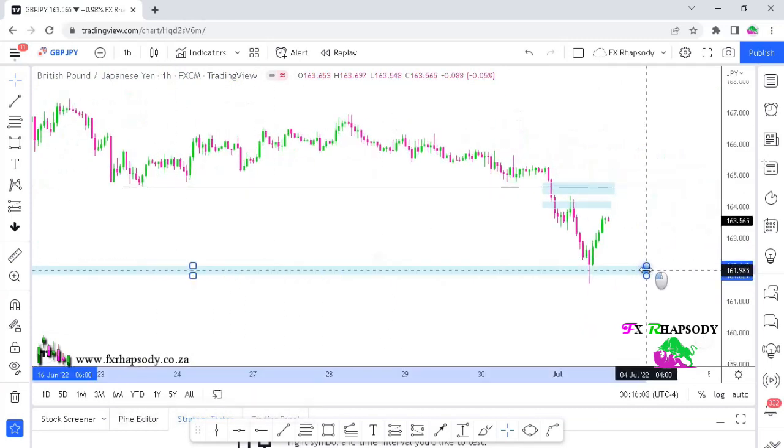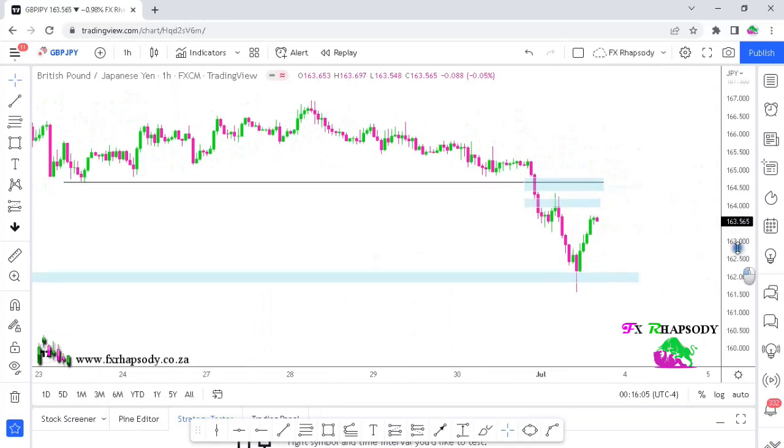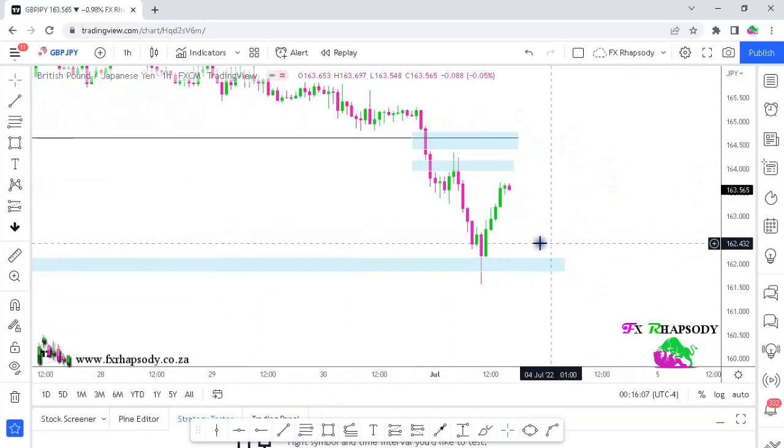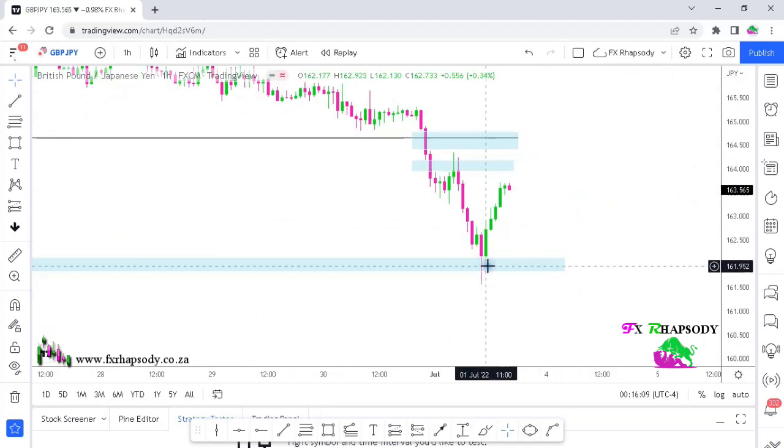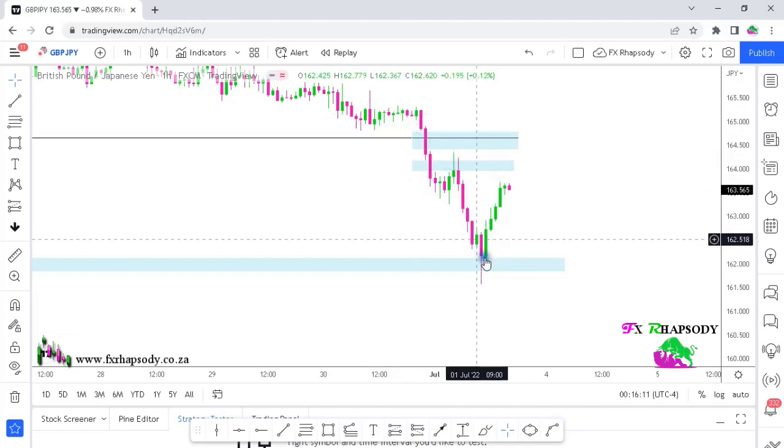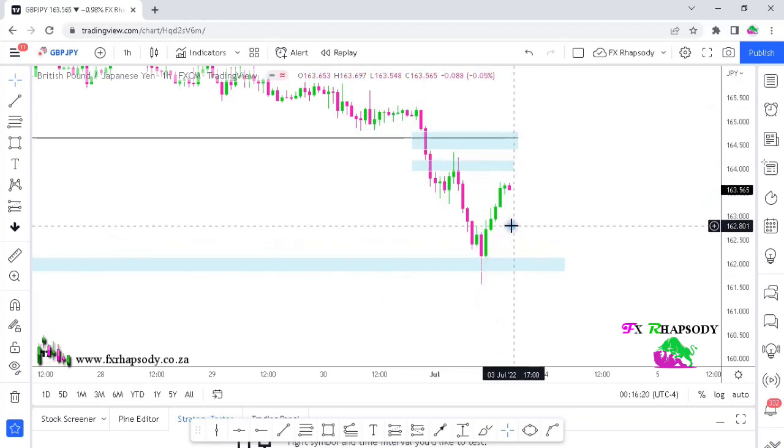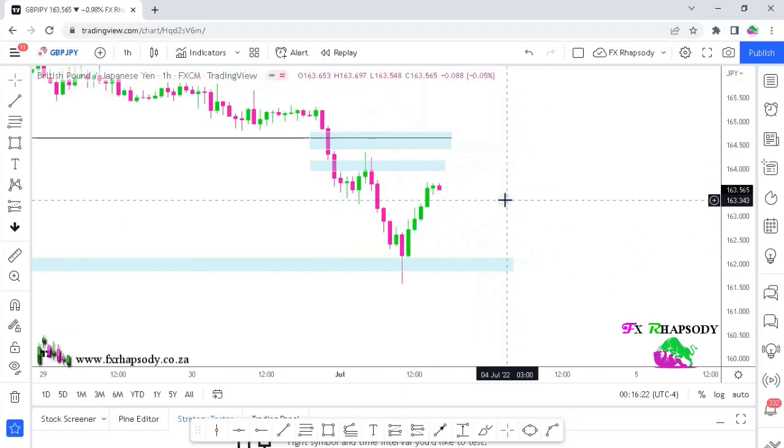There we go. That is why I'm saying price gets drawn towards those areas in the market. As you can see, price got drawn towards that area of a fair value gap that was still active. And then as soon as it hit that area, price turned and made its way to the upside.